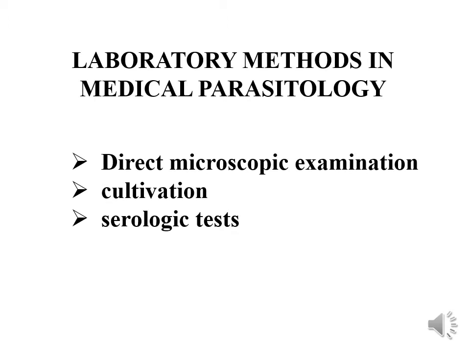So the most important equipment in a diagnostic parasitology lab is the microscope. Occasionally, and for few parasites, we may need to culture them, which we call cultivation of parasites.